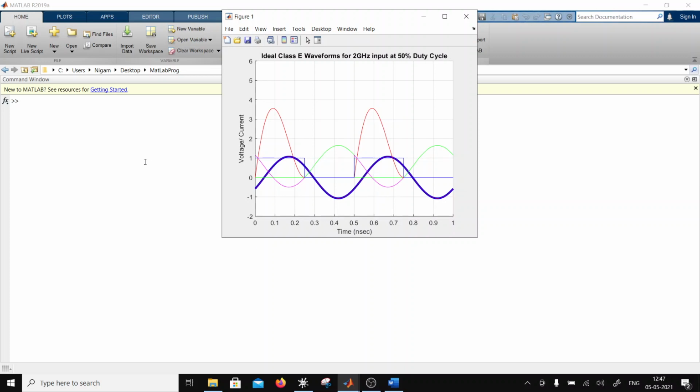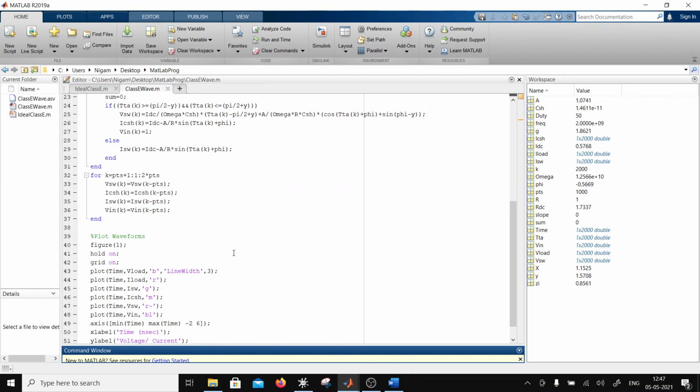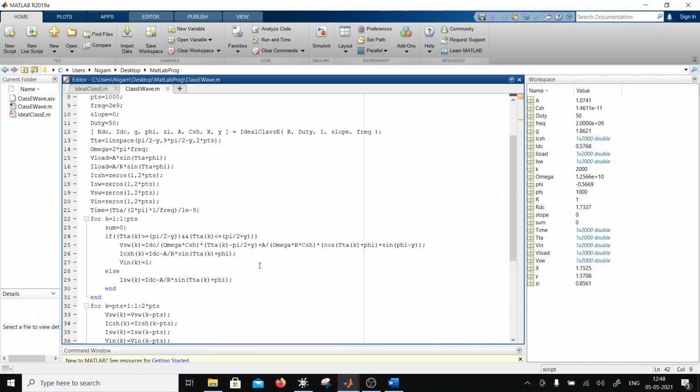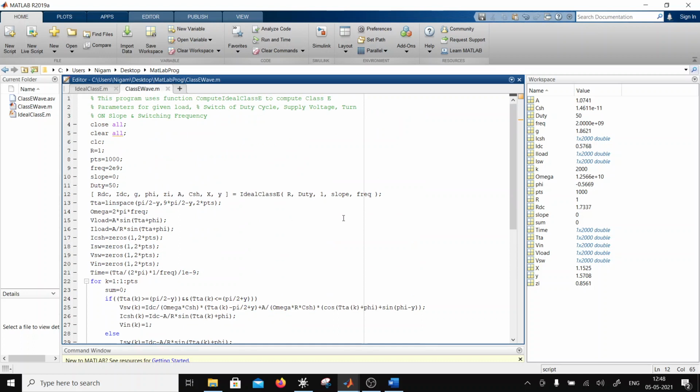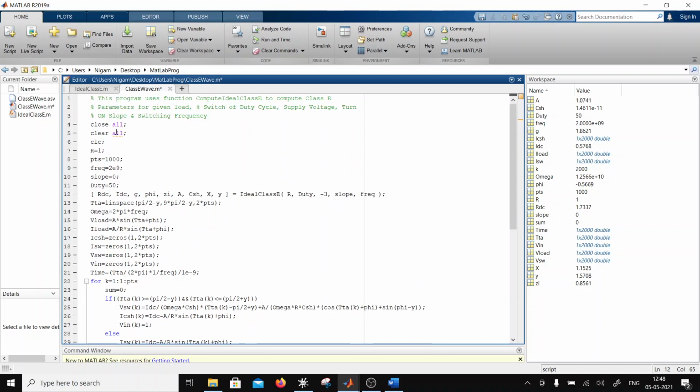Now I can do a few more things with this code. I can specify the slope to be something else. I can plot slope as, let's say, -3. So let's go to slope of -3. And this time I don't want to close all.